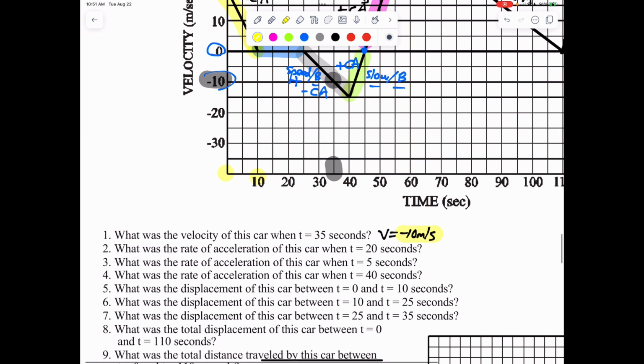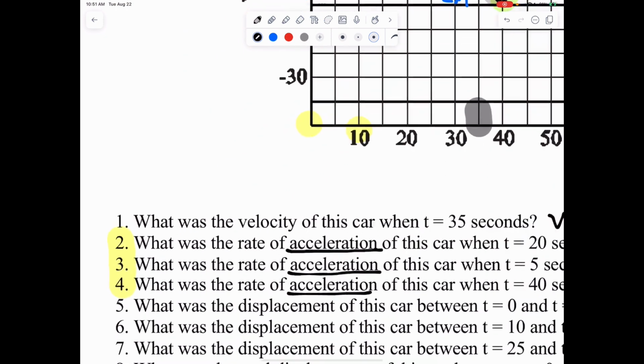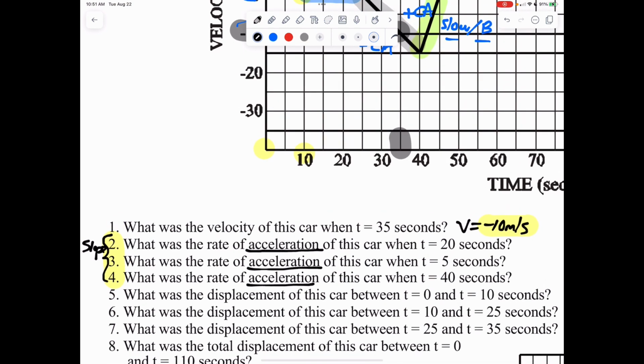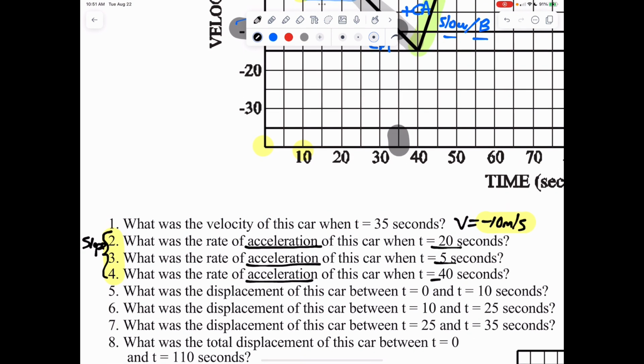Okay, now please note that for the next 3, when we are finding the acceleration of this car, we are taking the slope at that time.